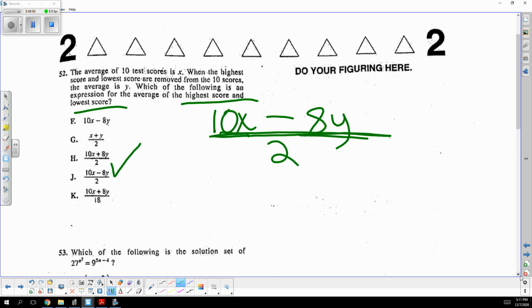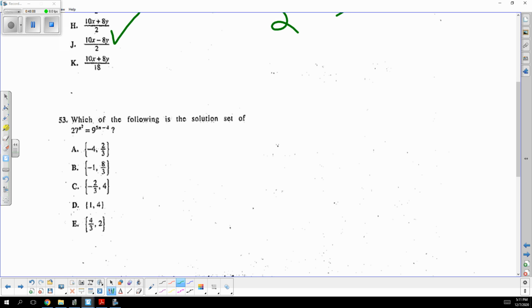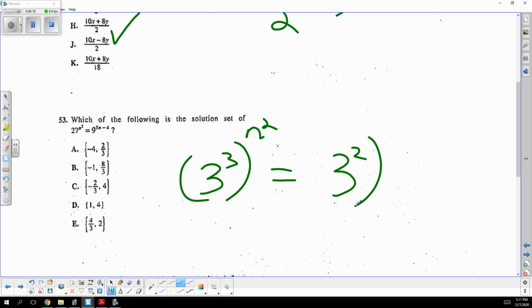All right, I'll do it official first, because you can use your equation solver. 27 is 3 cubed, and 9 is 3 squared.